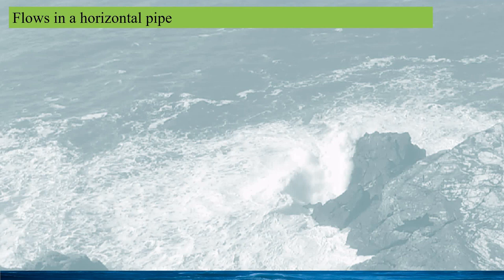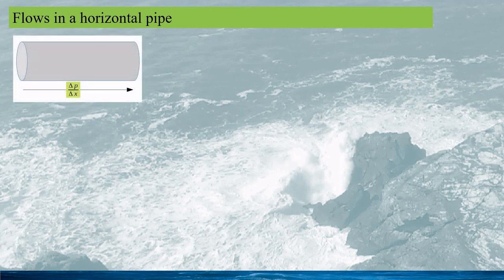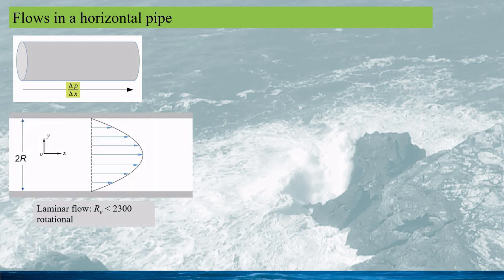In this slide, we are looking at the famous example, the flow in a horizontal pipe. This is a very famous example in many textbooks. When the Reynolds number is less than 2,300, the flow in the pipe would be laminar, and an analytical solution can be found for such a simple flow.